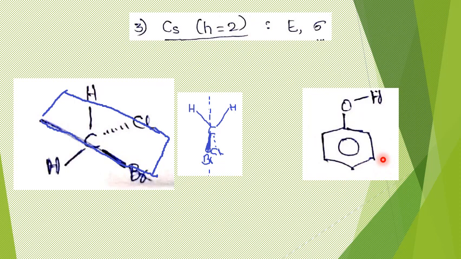So that plane is bisecting the whole molecule into two parts. On that, if reflection is performed, obviously it will result in an equivalent orientation. Therefore this molecule definitely has sigma in addition to identity, and you can try convincing yourself that except that, no other symmetry operations are possible on this molecule phenol. So this phenol molecule also goes to this Cs point group itself.